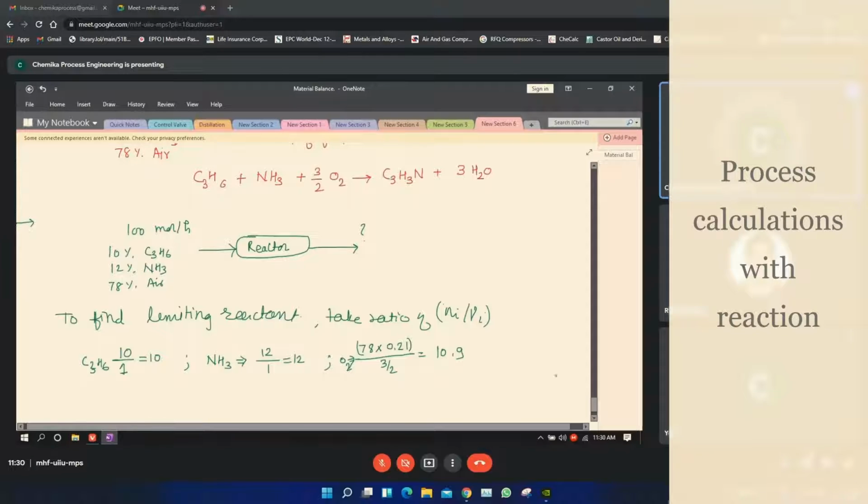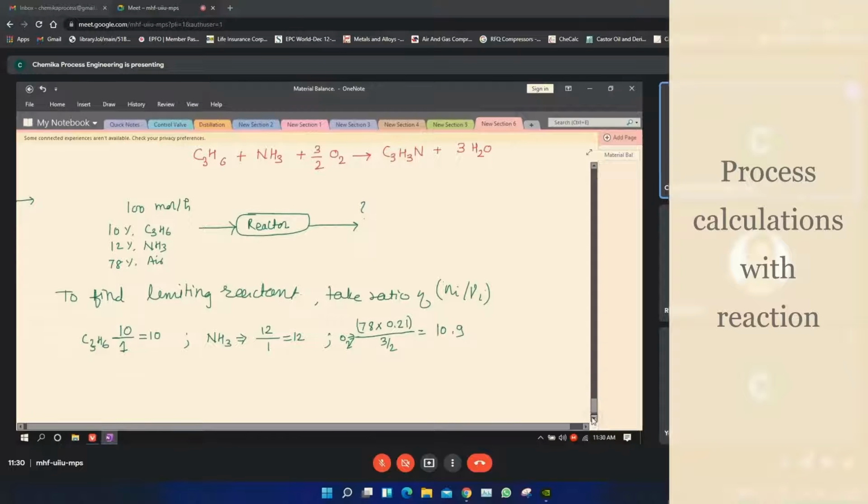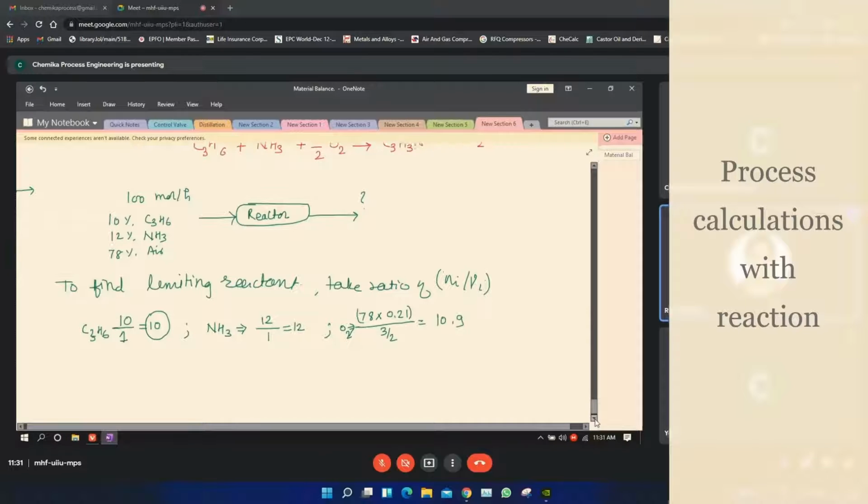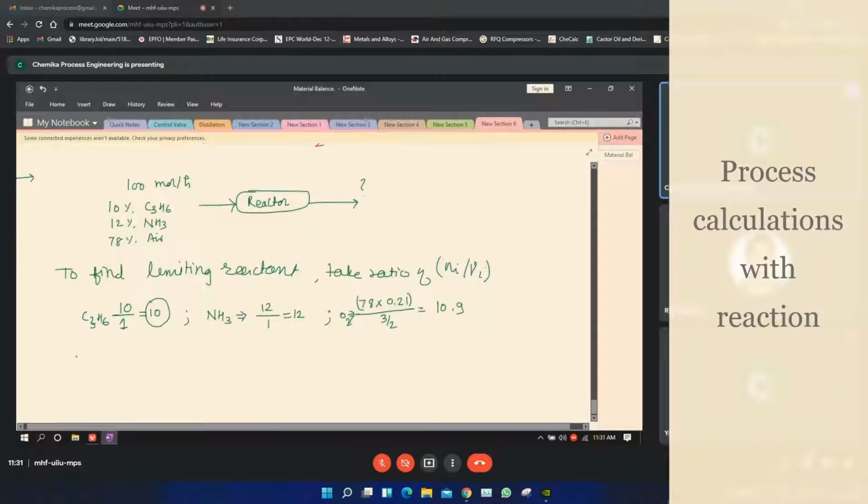So which is the limiting reactant? Your propylene will be your limiting reactant, since the ratio for propylene is the lowest. So you can write over here: limiting reactant, and all others are excess reactants.